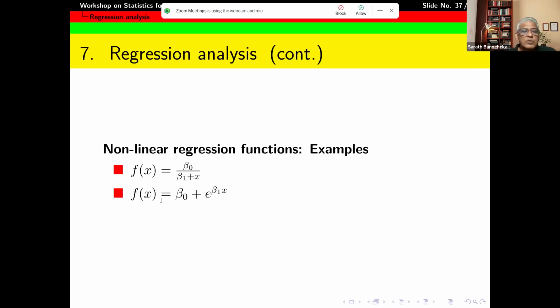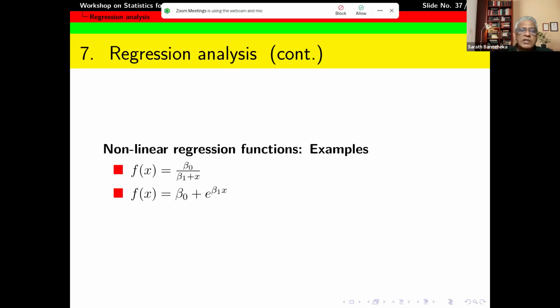And for example, this one also, if you consider beta naught plus e to the power beta 1 x. So this e to the power beta 1 x can be expanded using, for example, Taylor expansion. It's going to be 1 plus beta 1 x plus beta 1 square times x square over 2 plus beta 1 cube x cube divided by factorial 3 and so on. So for the same parameter beta 1, it will have several powers also.